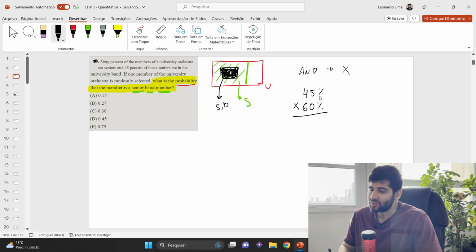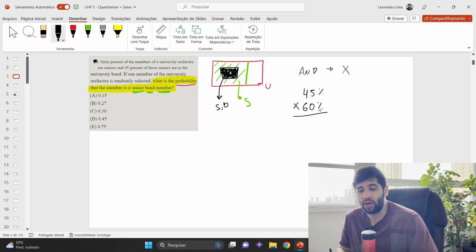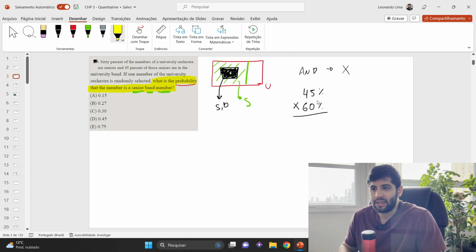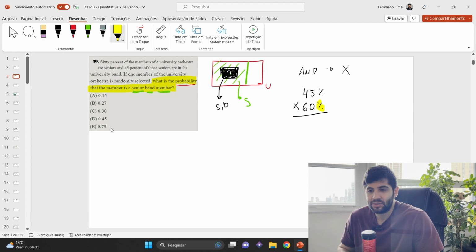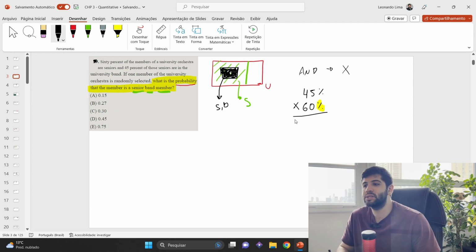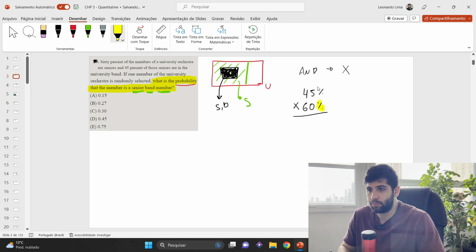And here we have the second part of this test, which is to solve this equation faster and correctly. To do it correctly, I just want you to be careful, because here is a percentage and here we don't have a percentage. That's the first thing. But the good part is we don't need to prove anything to whoever is evaluating and correcting us, because we just need to pick one answer. But be careful, because we don't have a percentage here, and we have 2 percentages.